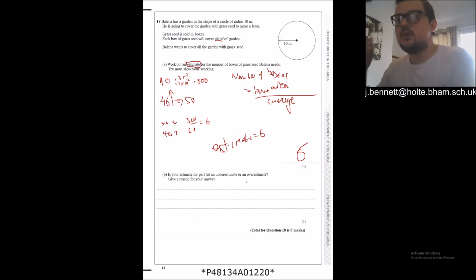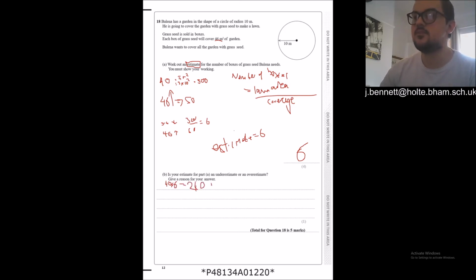The answer says you work out roughly whether you would need more boxes than this. So if we work out 46 times 6, 4 times 6 is 24, so 240, plus 6 times 6, which is 36. This gives us 276.